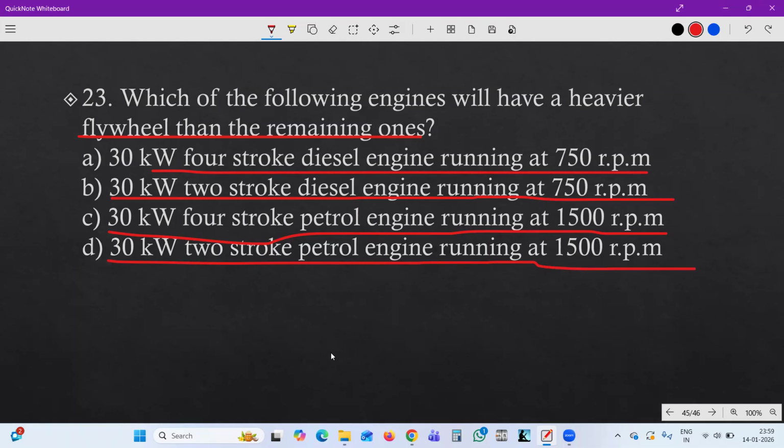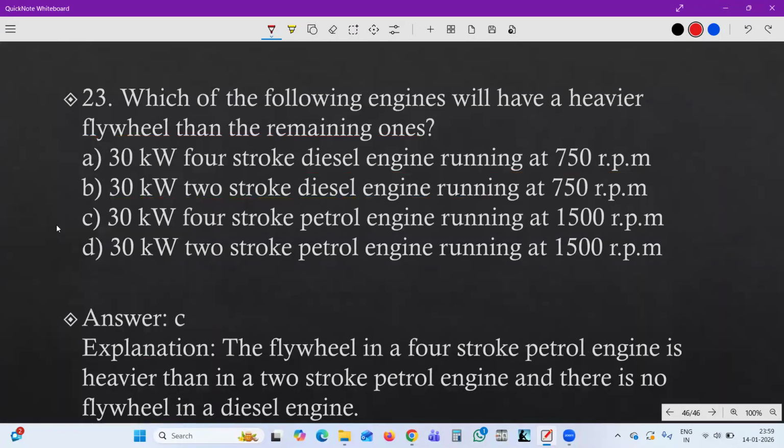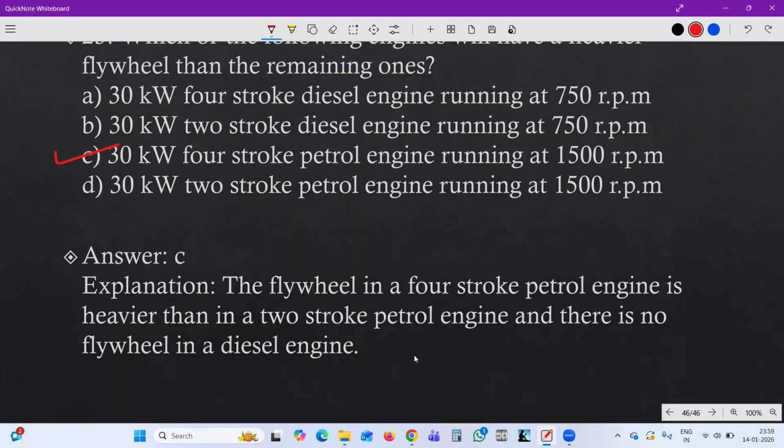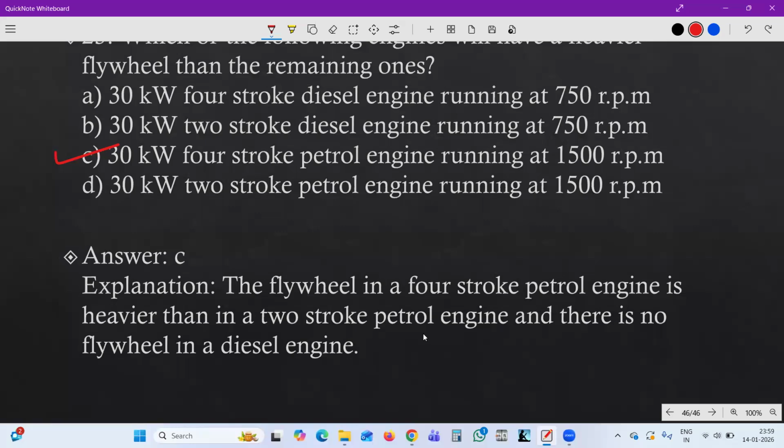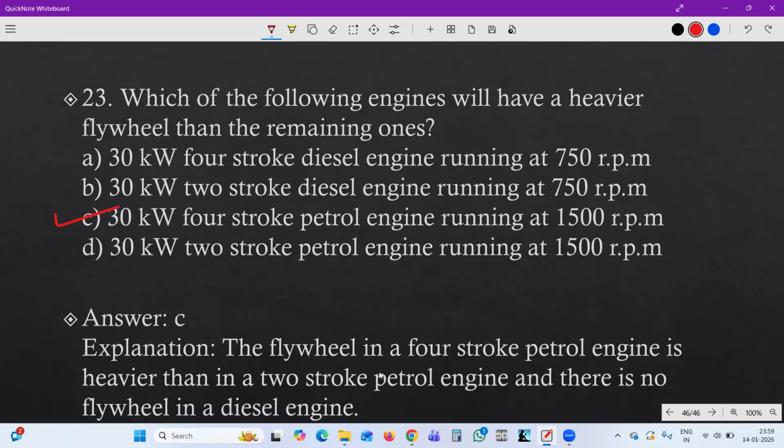So it's related to the flywheel question. In which case will it be the heavier? So its answer is C. The flywheel in a four-stroke petrol engine is heavier than in a two-stroke petrol engine, and there is no flywheel in the diesel engine. So in case of diesel engine, there is no flywheel.